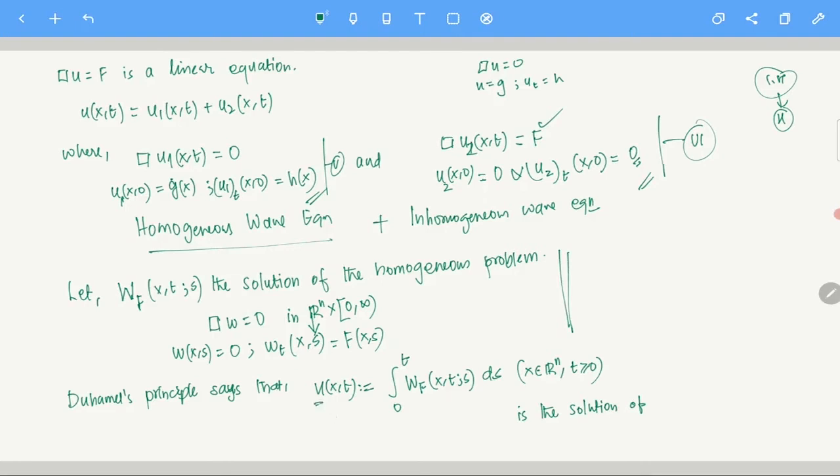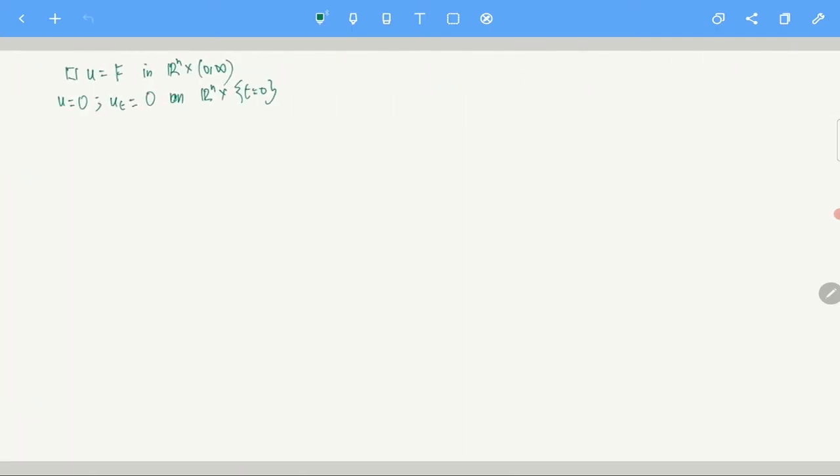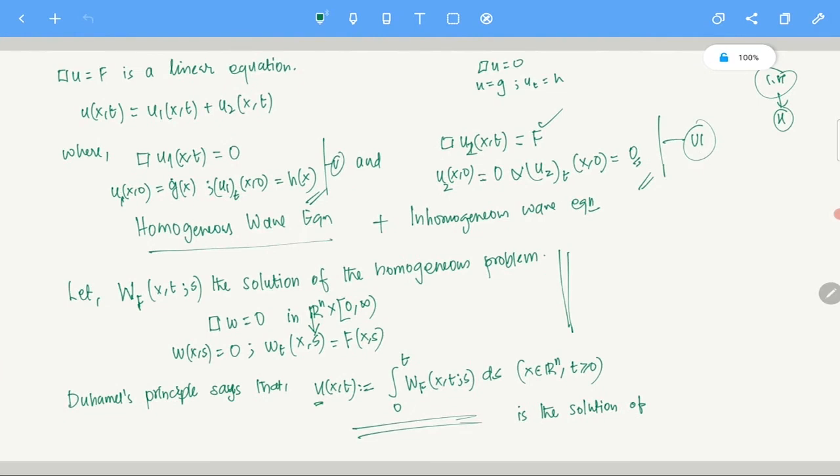That if you write u to be the integral of W_F, so you solve the homogeneous problem at the level t equals s, and then integrate between 0 and t, then that u will solve this problem, which is basically the 6th problem. Clear? If you know what 5 is, you know what 6 is. If you add it up, then you have your solution.